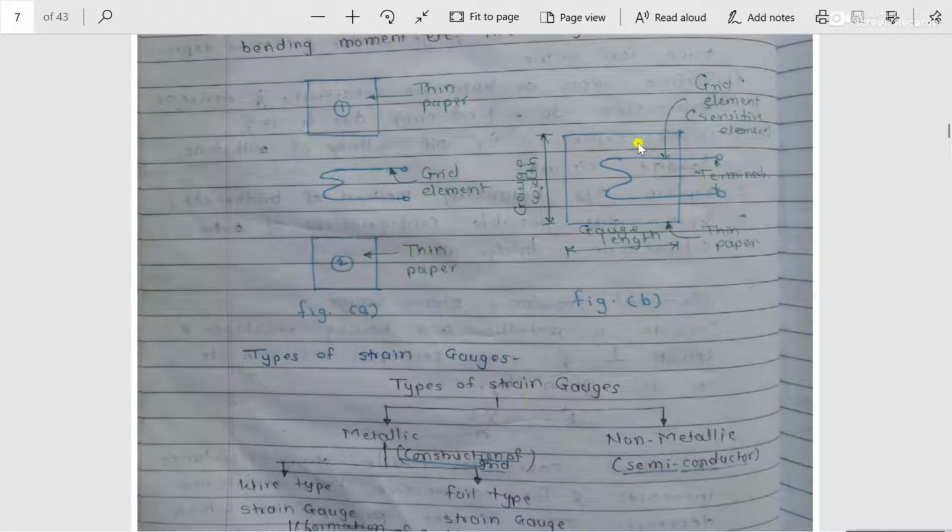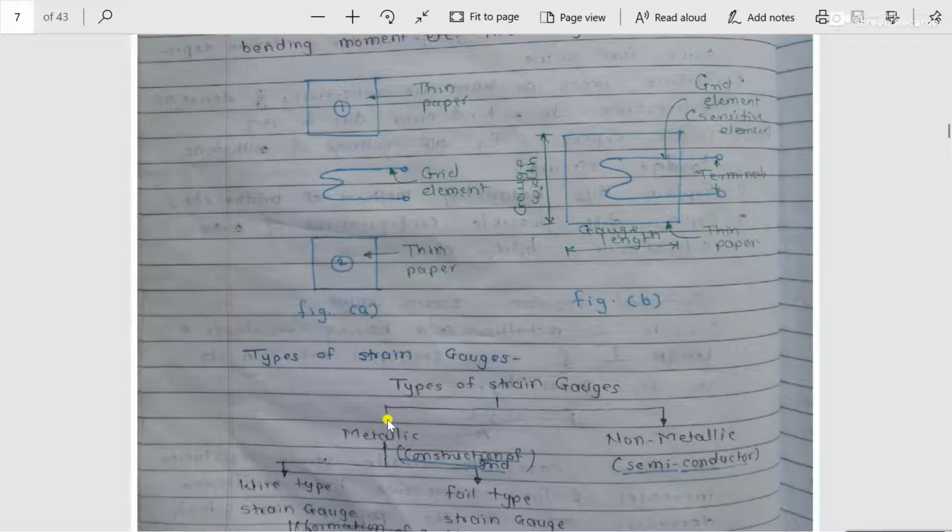So if this metal comes in contact with water, immediately corrosion of this grid element takes place, and due to that corrosion, it affects the reading. That means it creates error during the measurement.